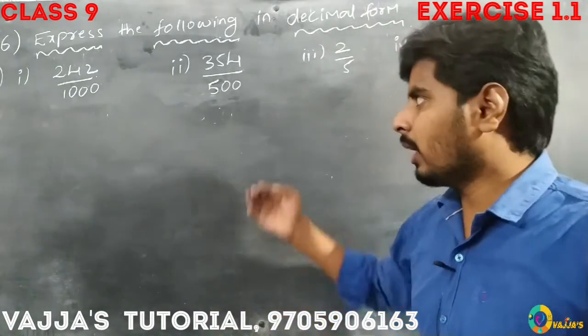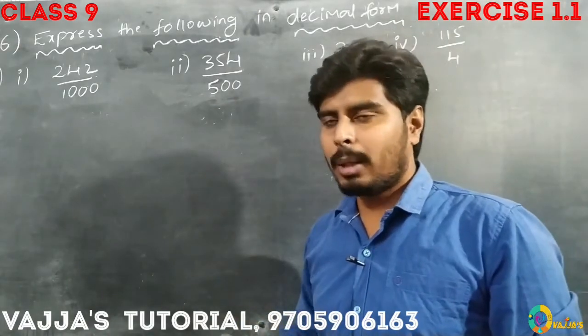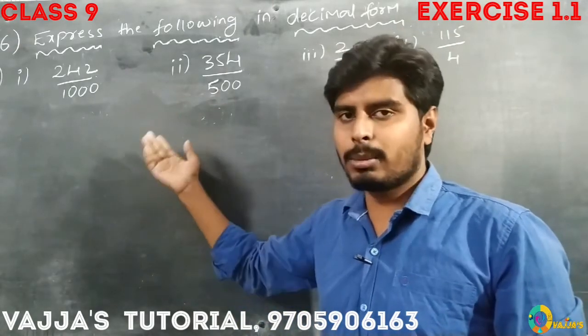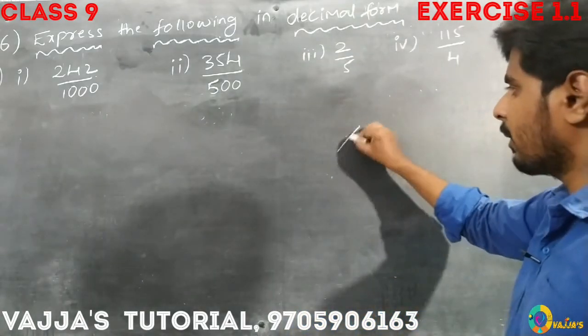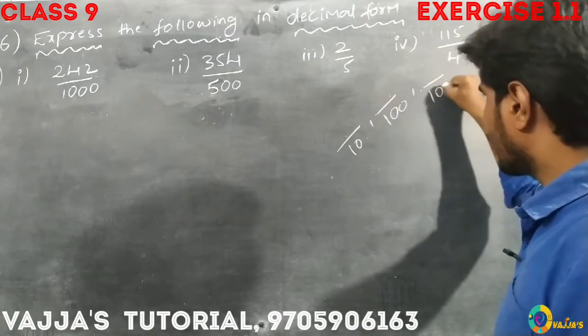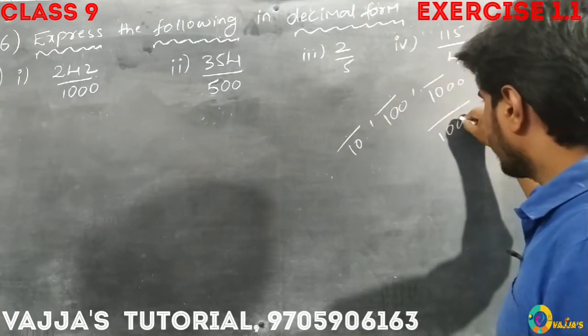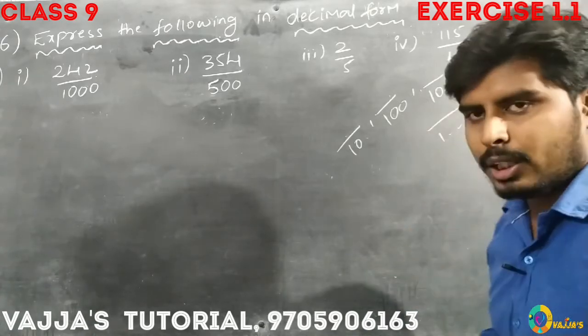But here, without the long division method, I am going to convert them into decimal form. Look here. Suppose the denominator is 10, 100, 1000 or 10,000, we can simply remove these zeros and take the point.